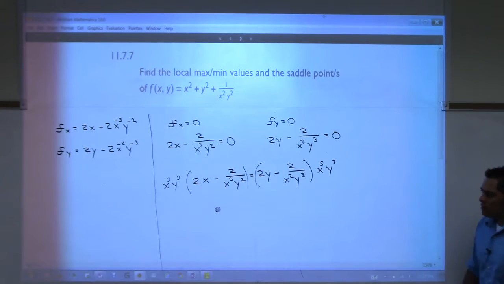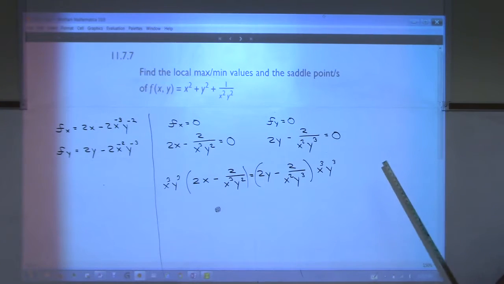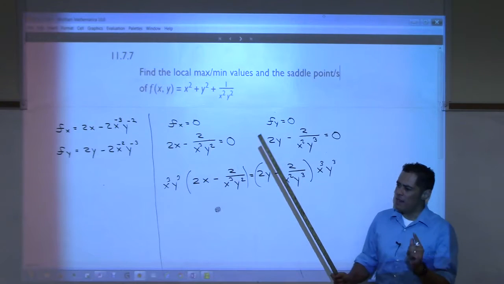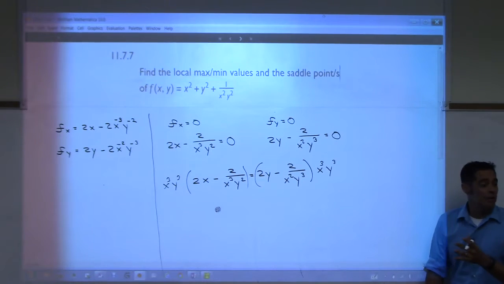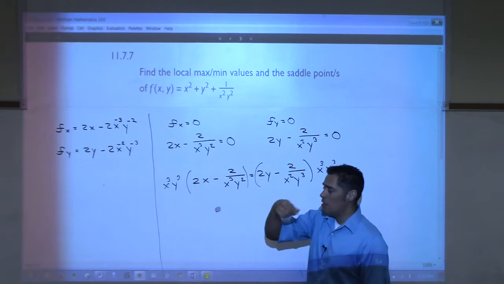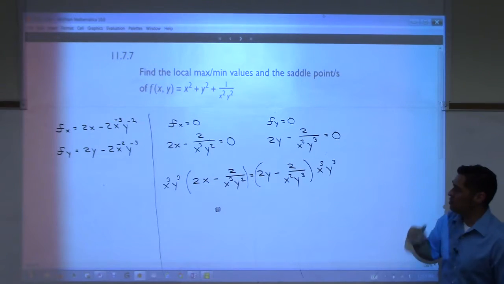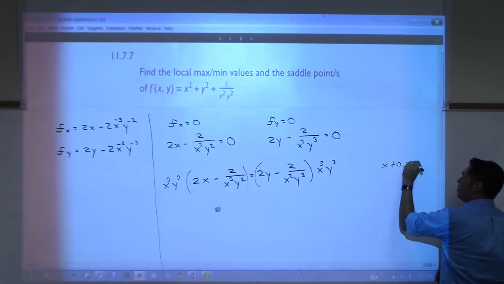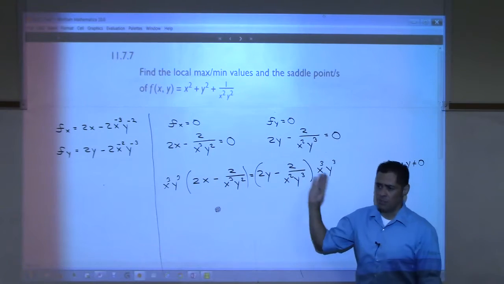Now, we have to be really careful about something here. It's subtle, but it's important. When you multiply both sides of an equation by something, you're totally allowed to do that, aren't you? You can always do the same thing on both sides, but you can never multiply both sides of an equation by 0. So when I do this step, I need to guarantee you that I'm never going to be multiplying by 0. So technically, I need to say that x can't be 0 and y can't be 0 for me to make this move.